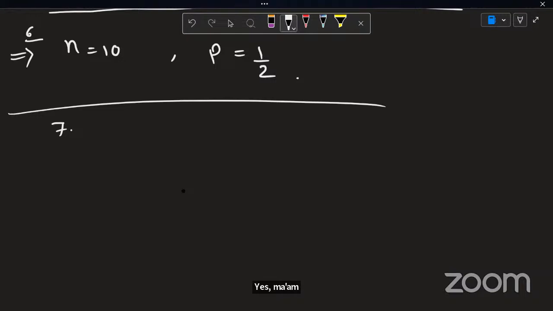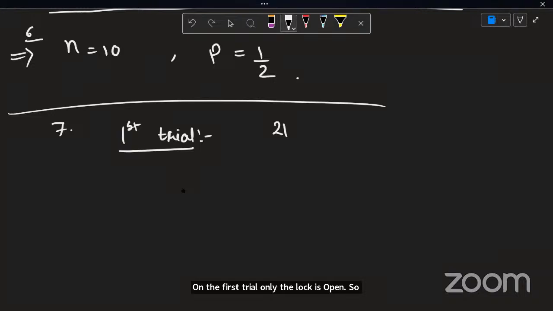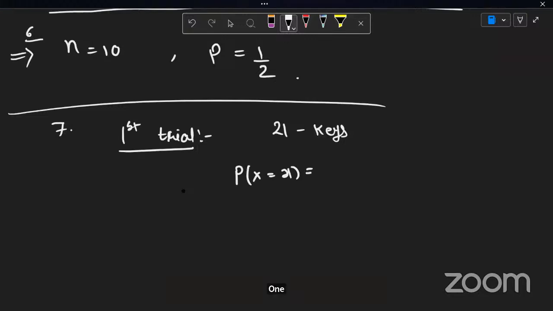Let's say the lock is open on the first chance only. That means this is the best case scenario, right? On the first trial only, the lock is open. So what will be the probability? There are 21 keys and all are equally likely. So 1 by 21, right?